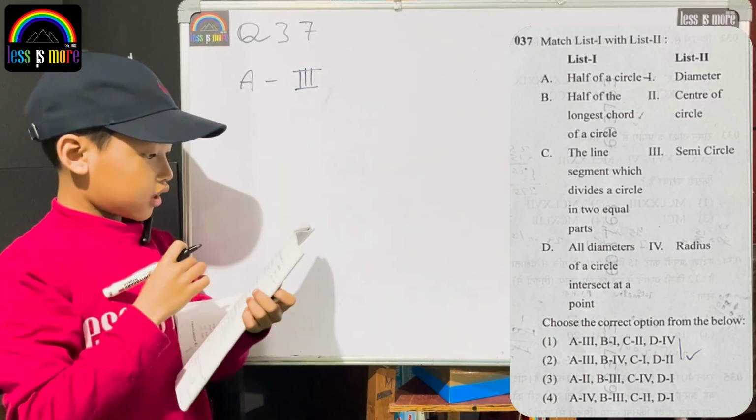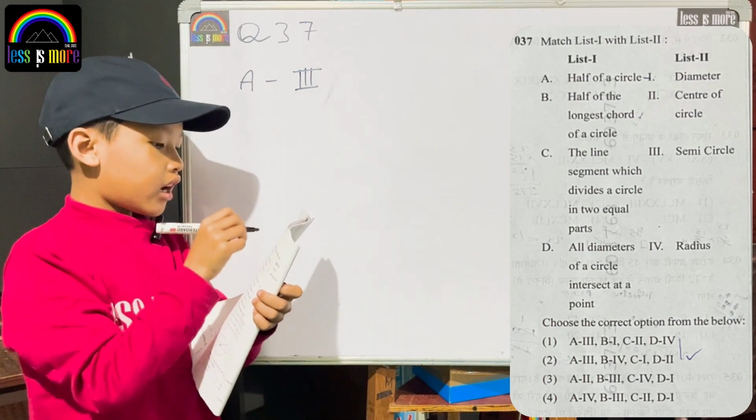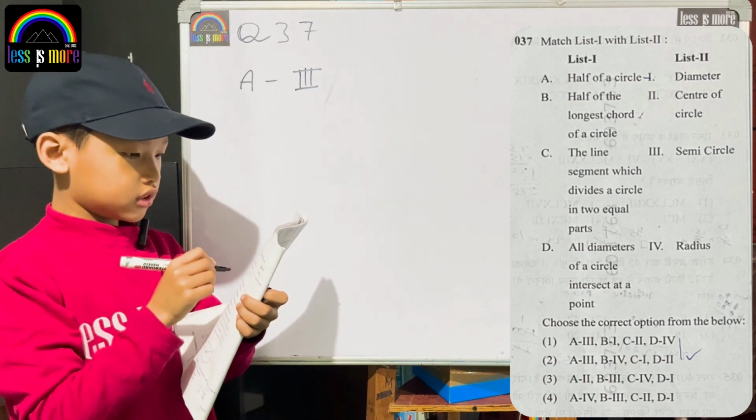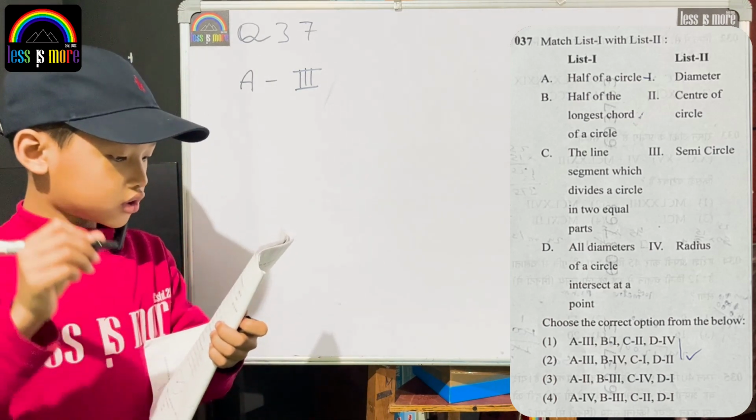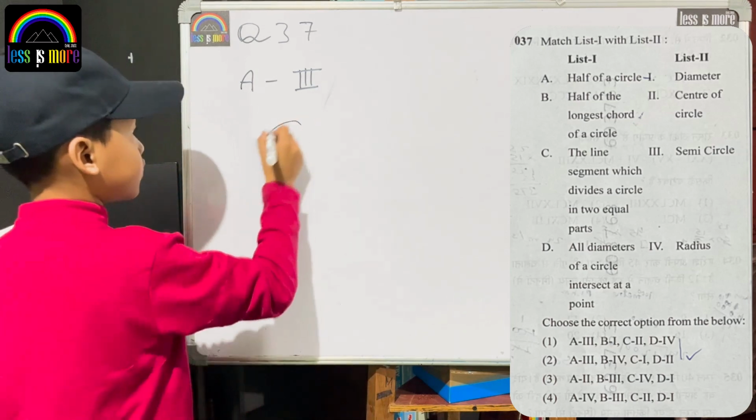Then on list 1, B, half of the longest chord of a circle.